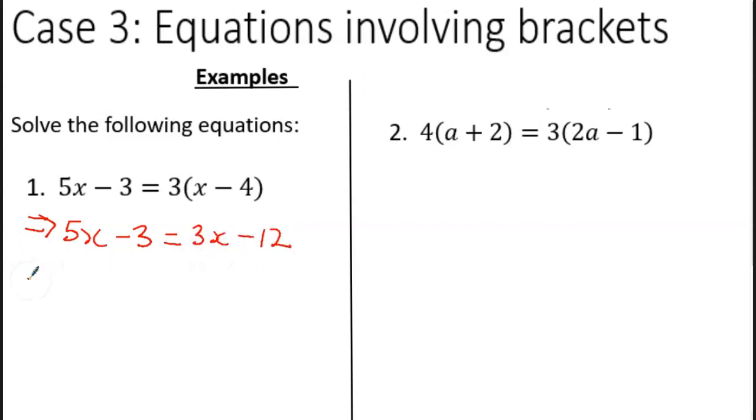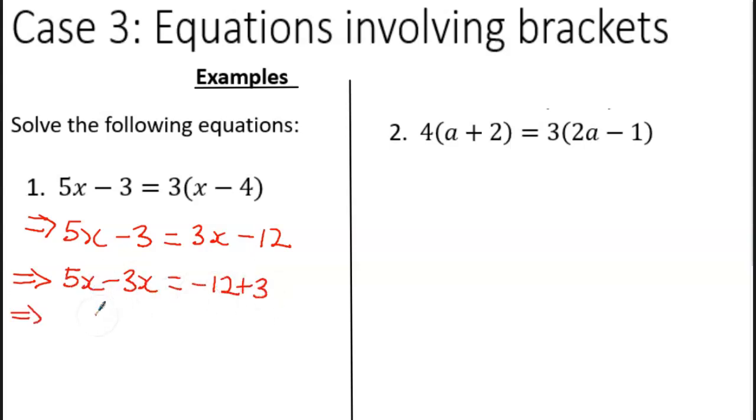We then group the like terms. We have a term in x on the left hand side and a term in x on the right. So we group all the numbers on one side, and all the terms containing x on one side. So we have 5x. When this crosses the equal sign, it becomes minus 12 plus 3.